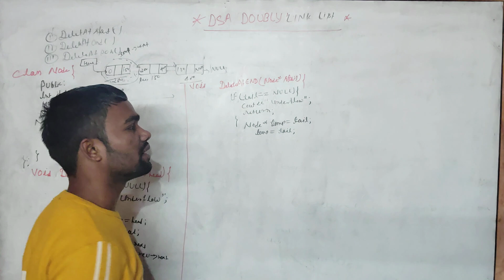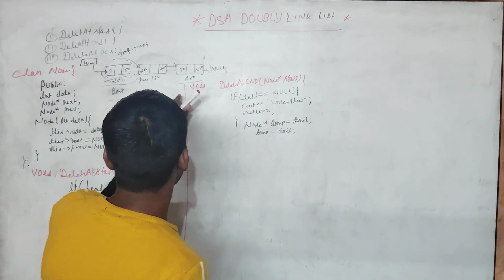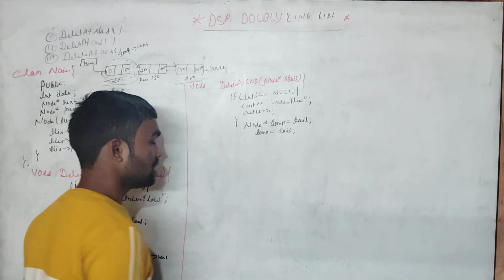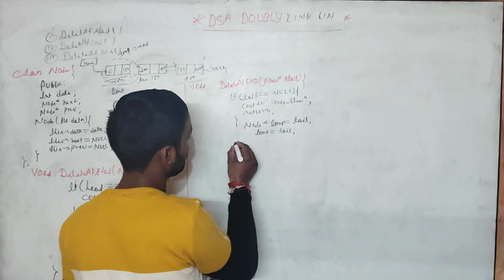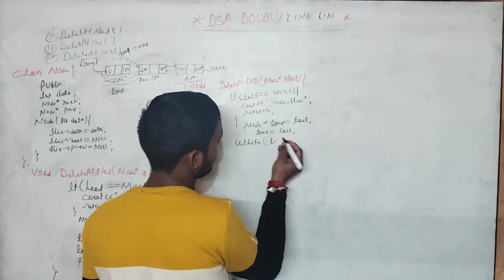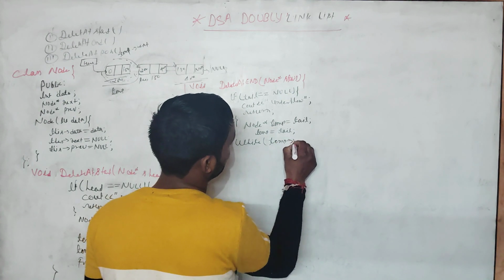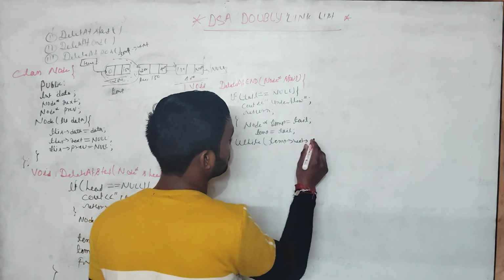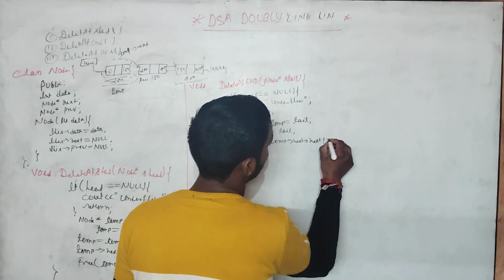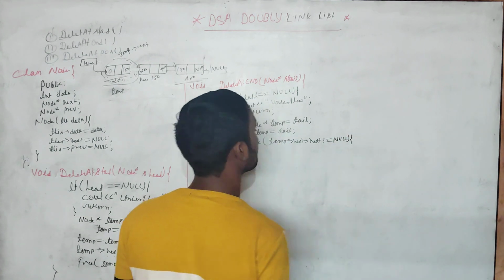Firstly, our head pointer, our tail pointer will be starting. Okay, it will denote the start value. But I want to delete this node. Just taking one loop: while temp of next not is equal to null.